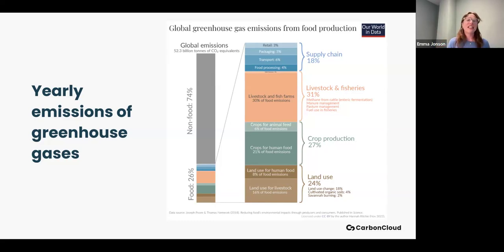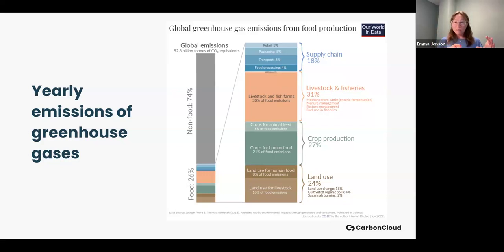So it's typically forest that is converted to agricultural land. It also includes what is called here cultivated organic soils, which is in fact drained wetlands, which appear in many countries. A certain portion of crop production happens on drained wetlands, so that generates quite a bit of CO2 emissions.